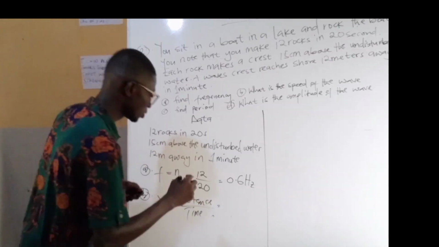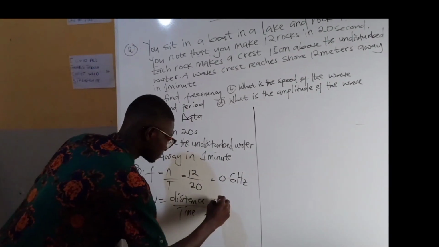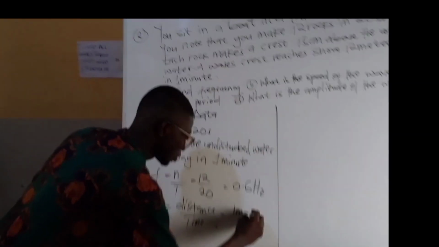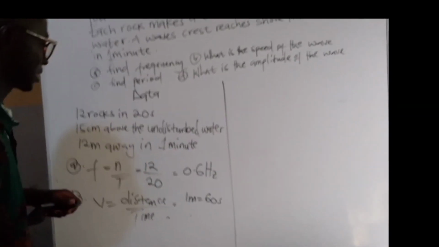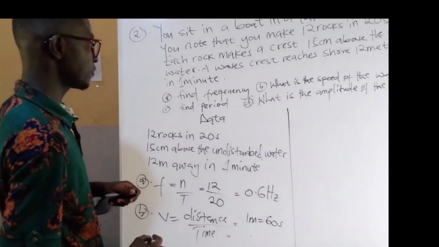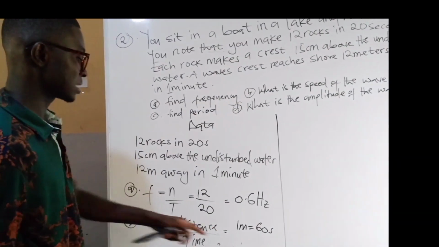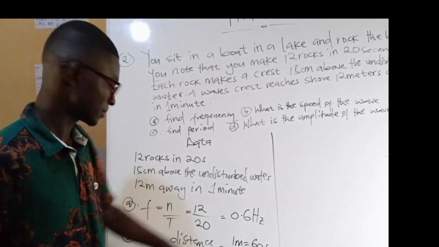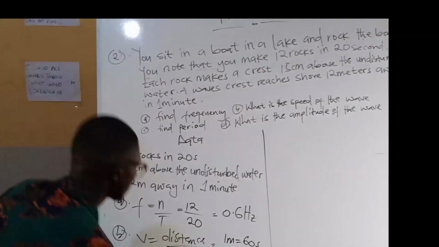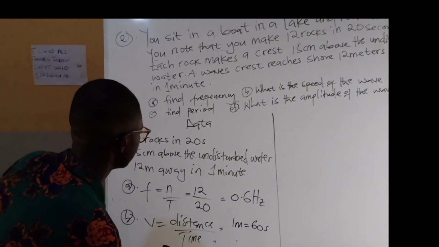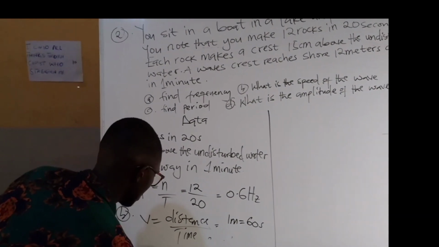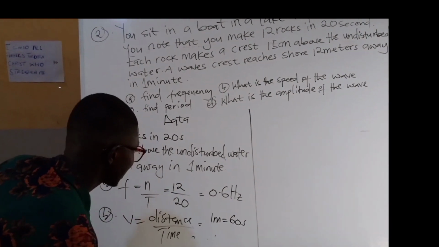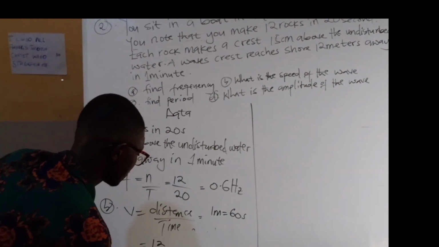So what we have to do is note that 1 minute is equal to 60 seconds. So if 1 minute is equal to 60 seconds, meaning that we are going to replace the 1 minute and we are using 60 seconds. So quickly dividing, the distance is 12 divided by 60.